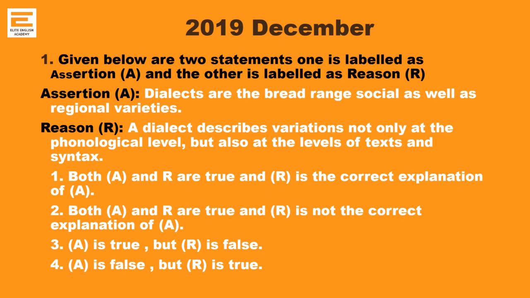So the answer: both A and R are true, but R is not the correct explanation of A. What is given in the assertion is not explained by the reason; the reason has its own explanation separately. So the important thing is, if you know what a dialect is, then this question will be easily answered.